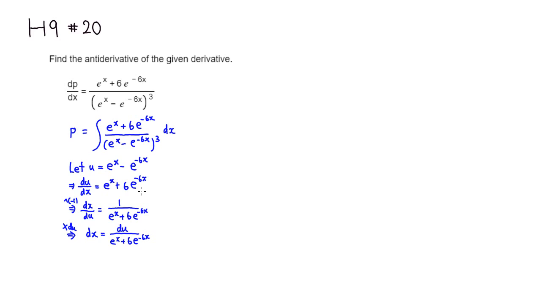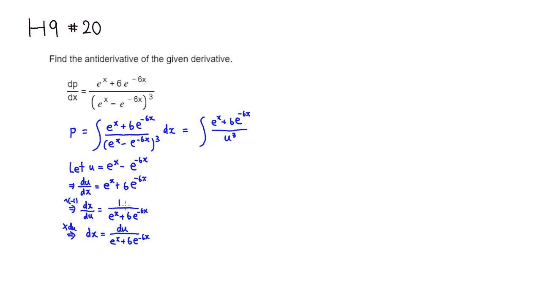Let's rewrite that. This is going to be an integral. I'm going to leave the numerator as it is, since we're going to be able to cancel that later: e to the x plus 6e to the negative 6x. The denominator, we decided to call u, so it's u cubed.